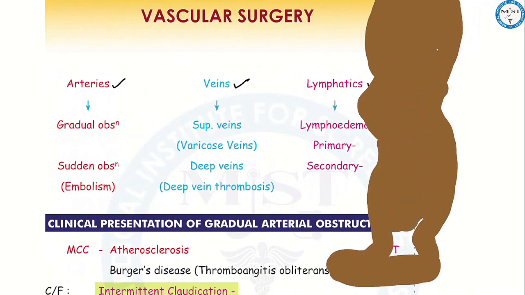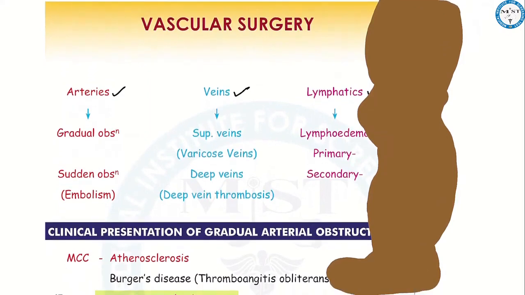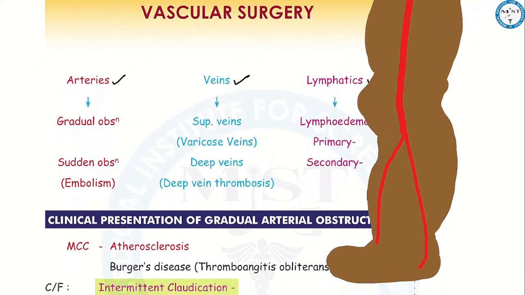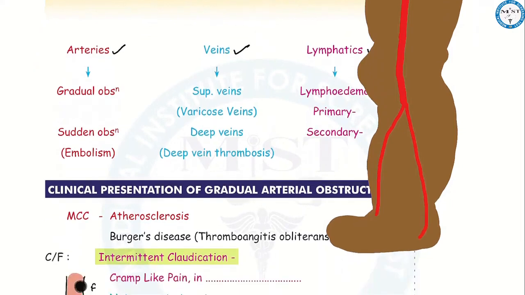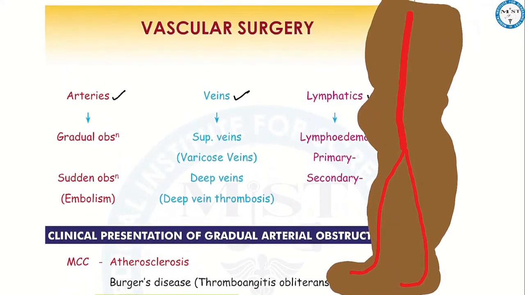Here, we know that God has given the arteries, beta. Suppose here it is the femoral artery. This becomes the popliteal artery. Then the popliteal artery will divide into the anterior tibial and the posterior tibial artery. The anterior tibial would be going somewhat here, the posterior tibial somewhat here. The anterior tibial artery is going to become the dorsalis pedis artery here, and the posterior tibial artery goes something like this.